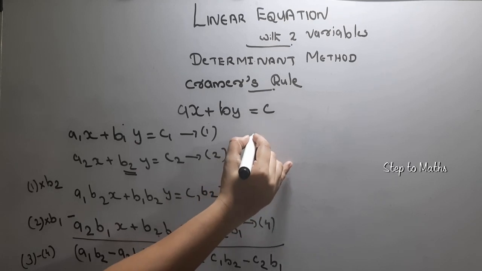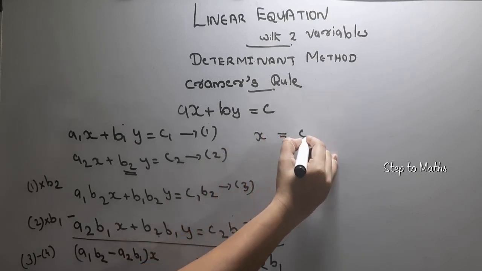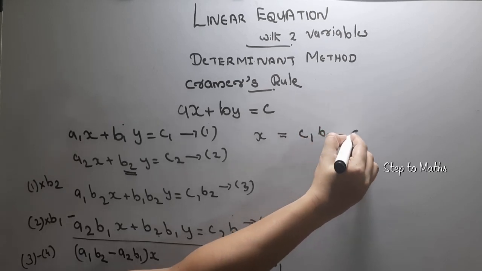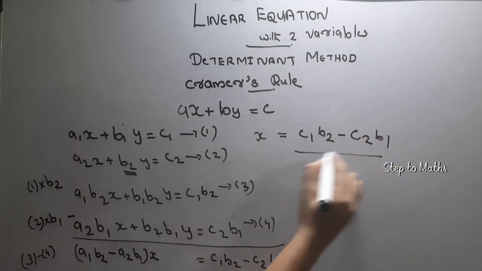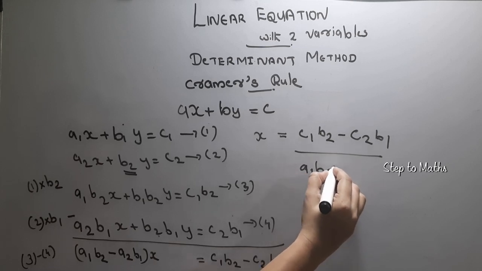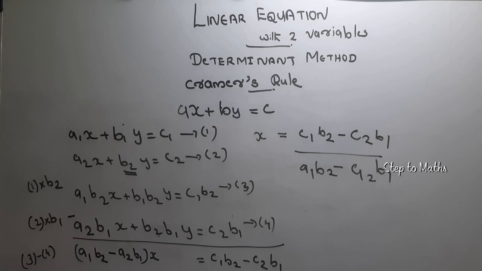From this we can write x equals c1 b2 minus c2 b1 upon a1 b2 minus a2 b1. This is the value of the variable x using the first method.